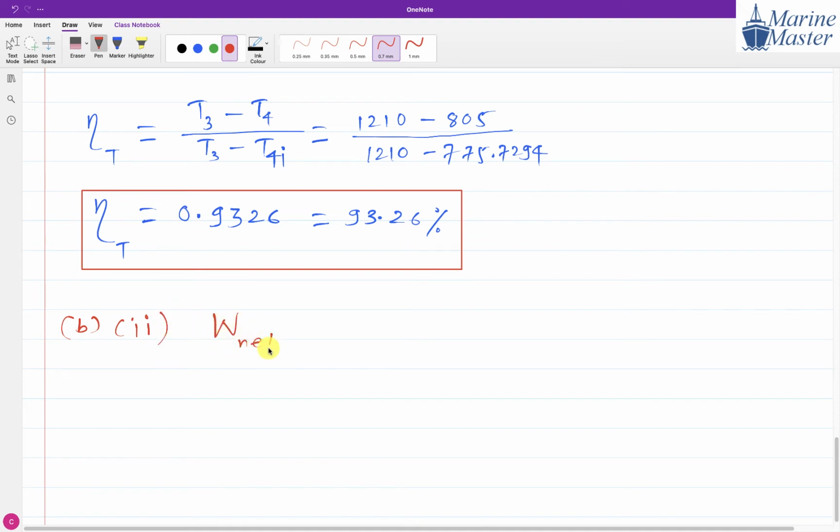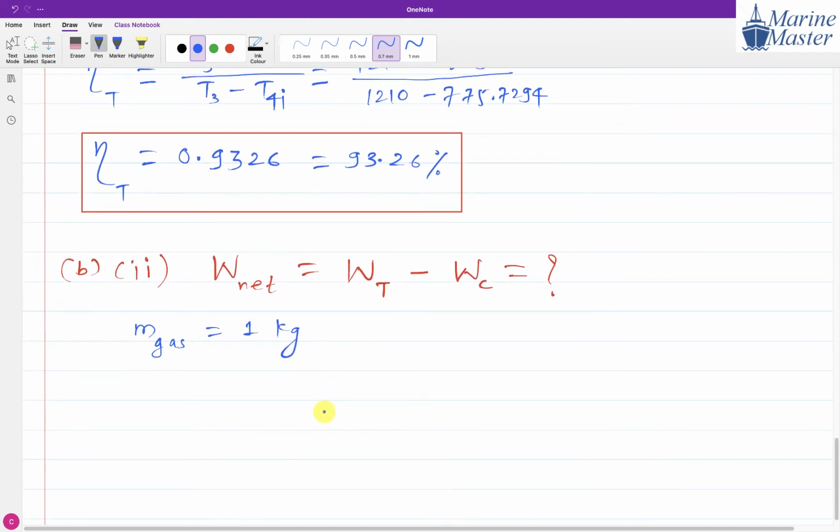If you remember our relation of W net, W net means turbine work minus compressor work. And how much mass of gas have they given us in the question? Mass of the gas is 1 kg, meaning per kg of exhaust gas.